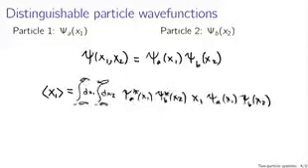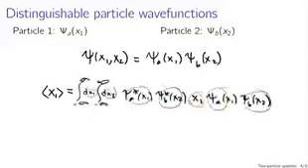Psi star and psi combined together with a multiplication means that's our probability density for position, and this is then, of course, the expected value of position formula that we're familiar with from single particle quantum mechanics. Looking at what's a function of what here, we can simplify things a little bit. I have functions of x1, and I have functions of x2.